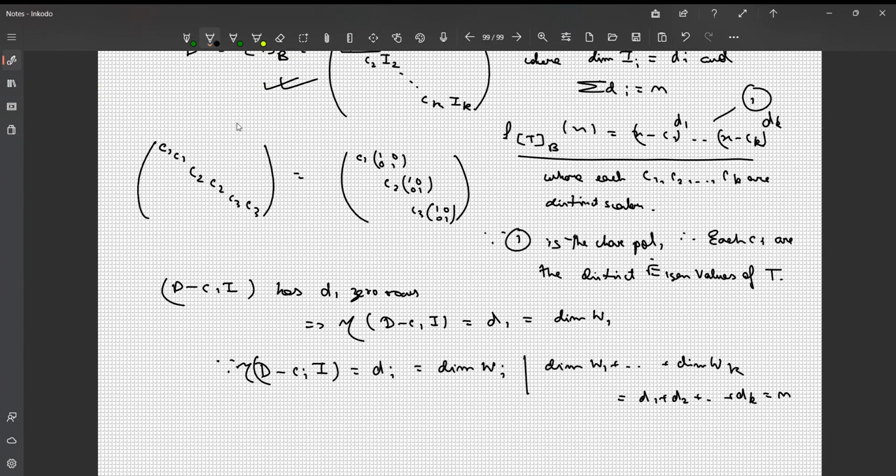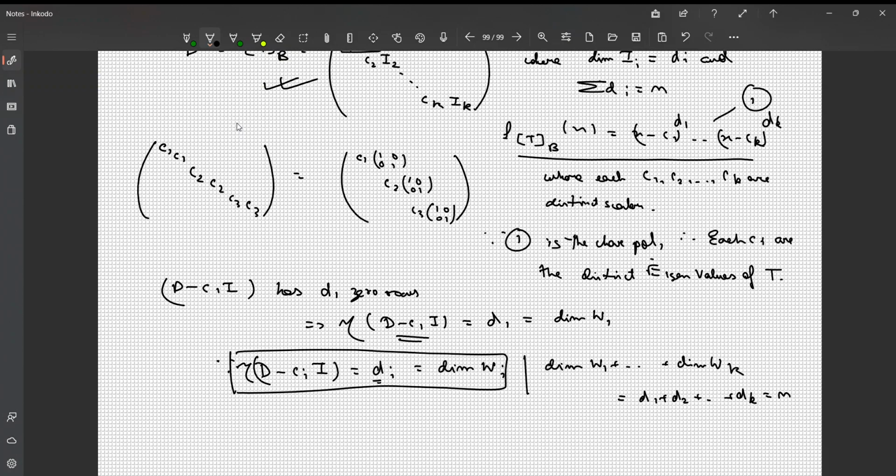I had used the terms algebraic multiplicity and geometric multiplicity. If you get hold of a certain eigenvalue, then check its multiplicity as a root of the characteristic polynomial, that gives you the algebraic multiplicity, and the dimension of the eigenspace, which is given by the nullity of a matrix of this form, gives you the geometric multiplicity of that eigenvalue.